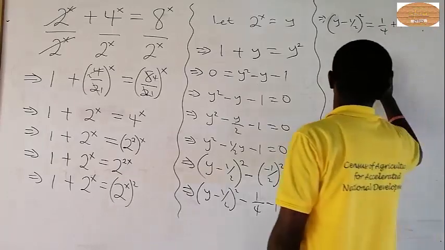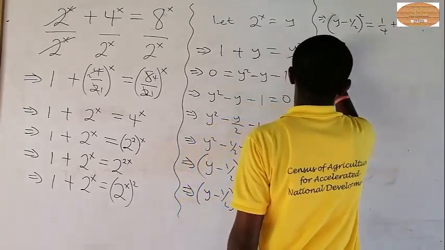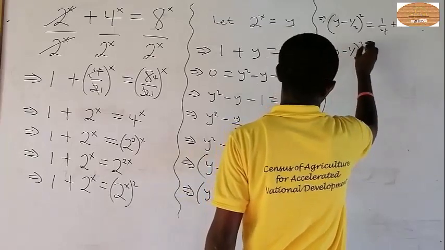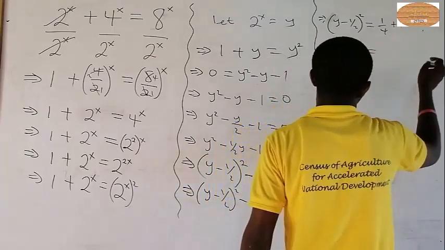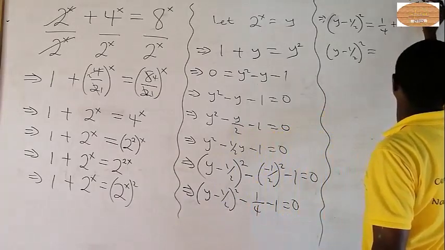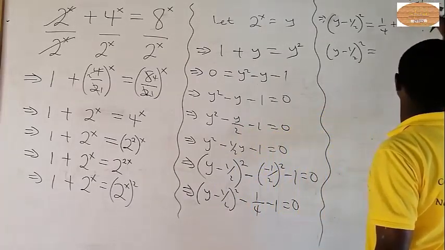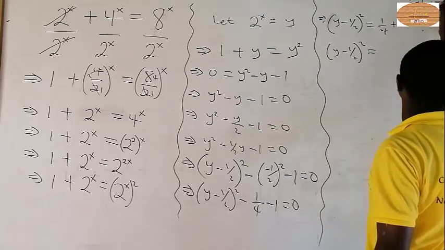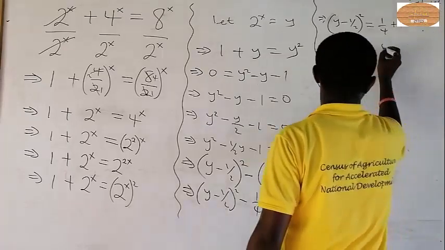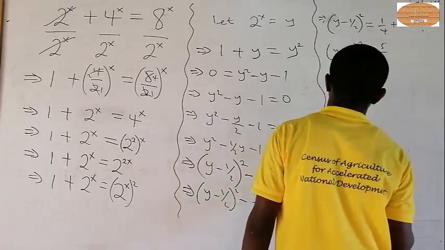Alright. So y minus half all squared equals 1 over 4 plus 1. LCM is 4. So 5 over 4.